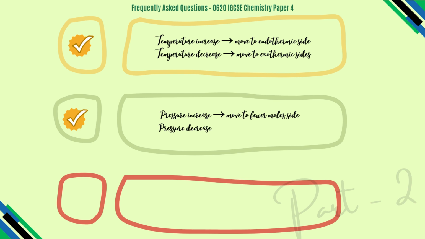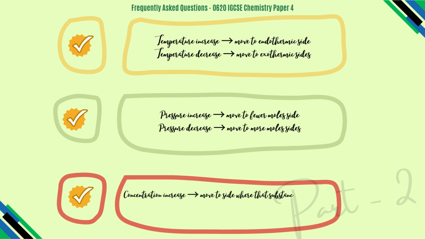And if we decrease the pressure, then the system will move towards the more mole side. Next, about the concentration. If we increase the concentration of any substance, then the system will move towards the side where the substance is not present. And if we decrease the concentration of any substance, then the system will shift towards the side where the substance is present or where it is forming. Because the system will always do the opposite.